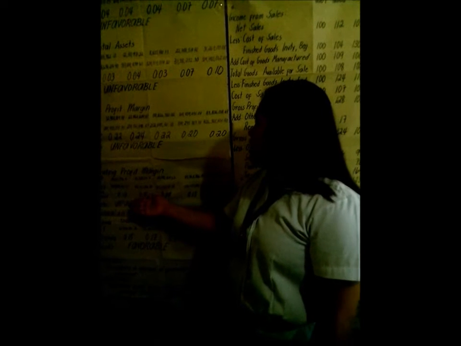For the results, we have 0.12 in 2007, 0.11 in 2008, 0.09 in 2009, 0.13 in 2010, and in 2011. So, the operating profit margin of the company is unfavorable.